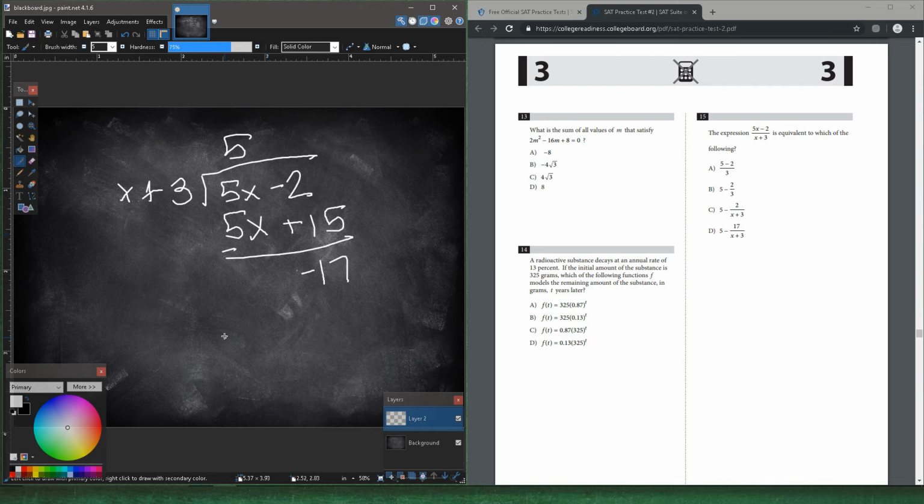So what this is written as is like a mixed fraction. It's 5 plus negative 17 over x plus 3. So that's the same thing as D. The answer is D.